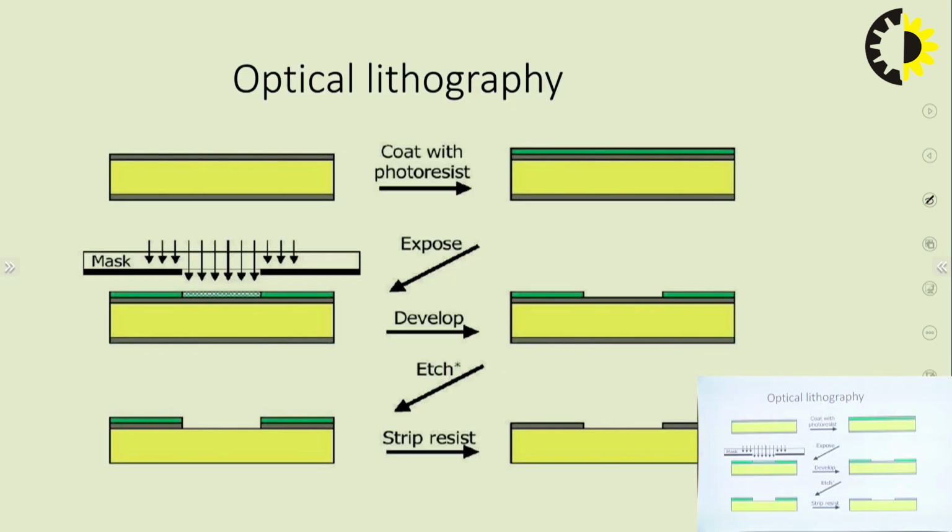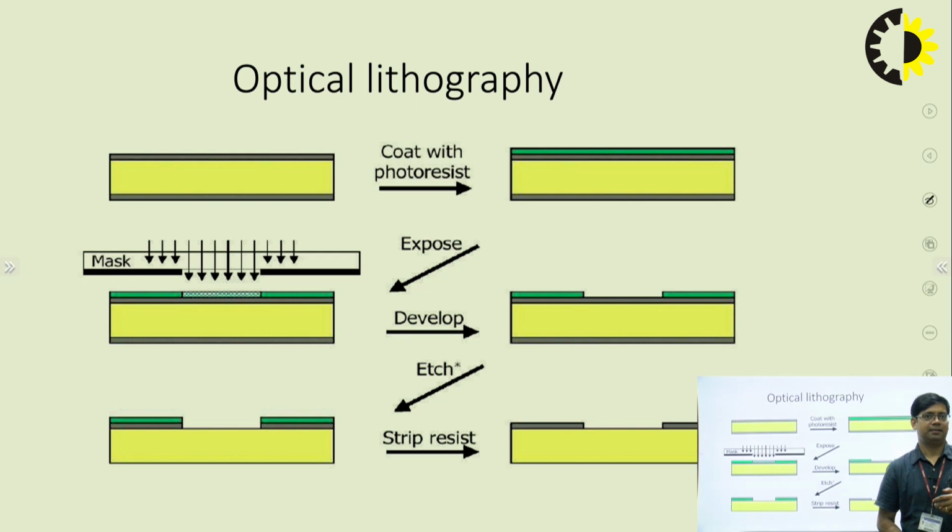Here in this figure, we have shown all the steps of the lithography process. First of all, we have to take a wafer, then on the wafer we have to apply a SiO2 layer, and after that we have to apply a photoresist layer.